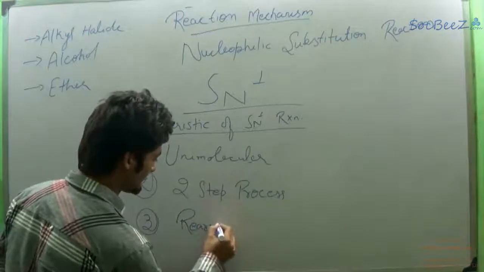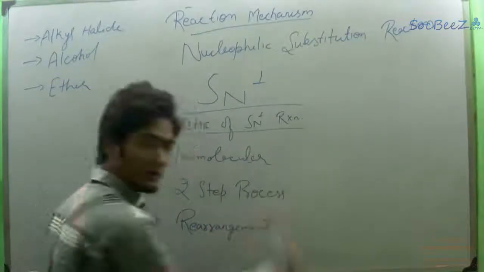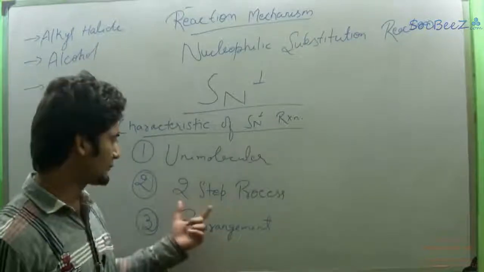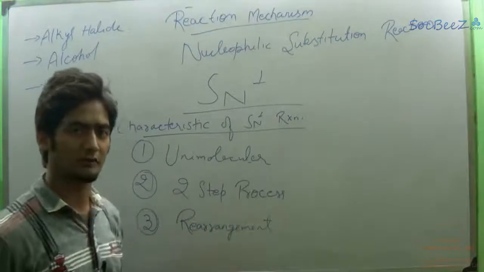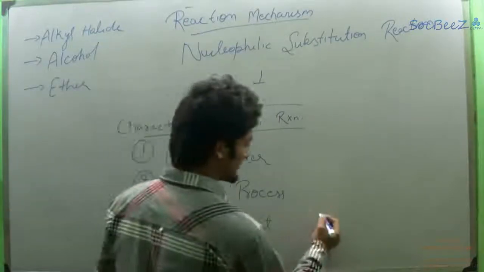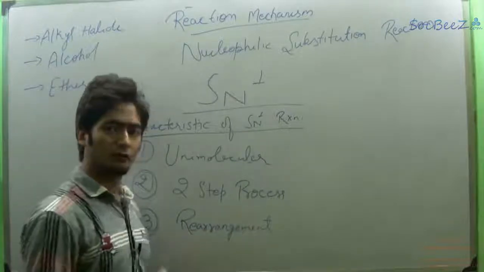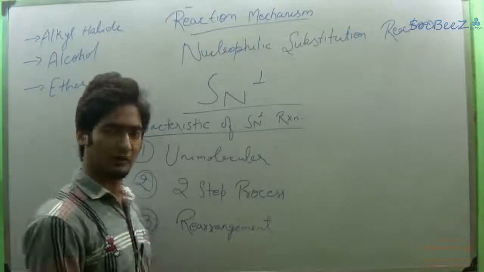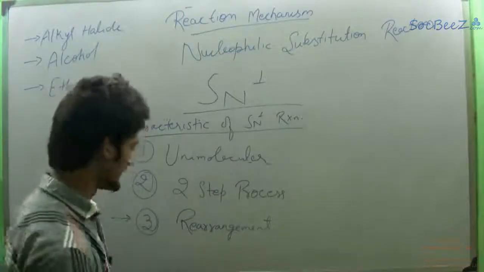And the third one is rearrangement. As we have seen, it's a two-step process, and in the first step, we get a carbocation intermediate. So, this carbocation can undergo a rearrangement to form a stable carbocation. We'll discuss this point in detail further.